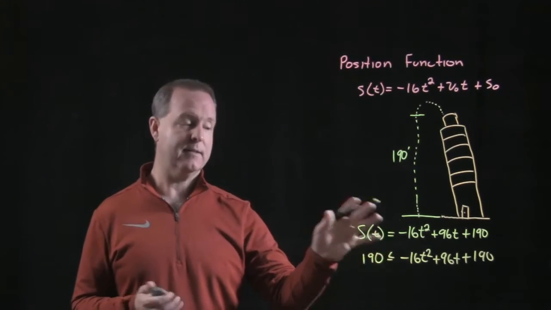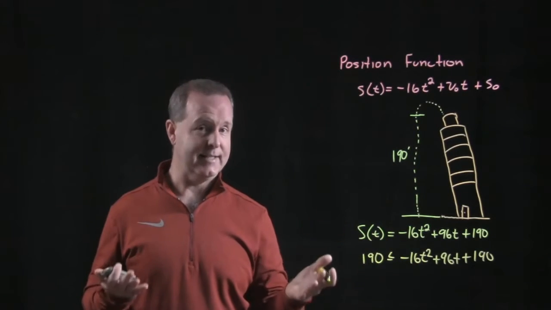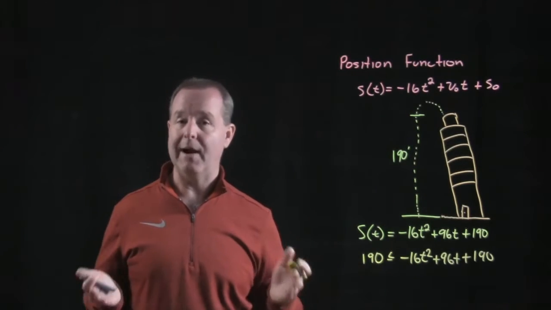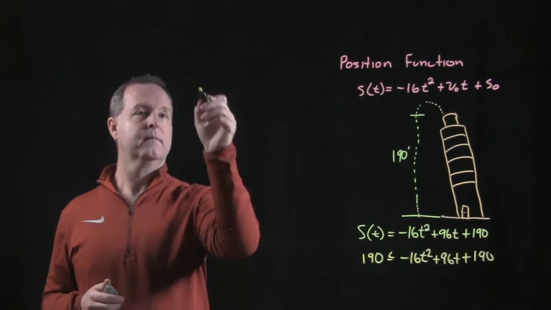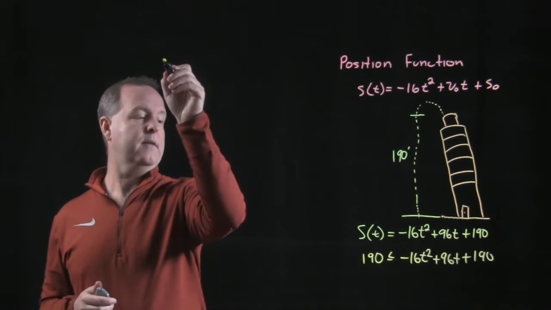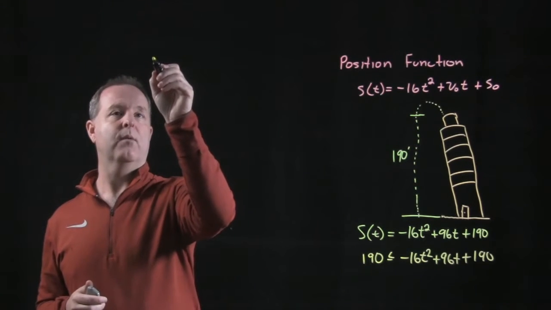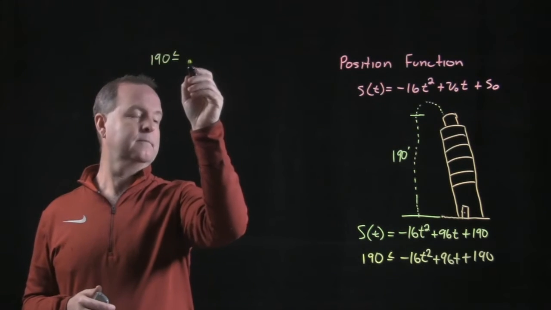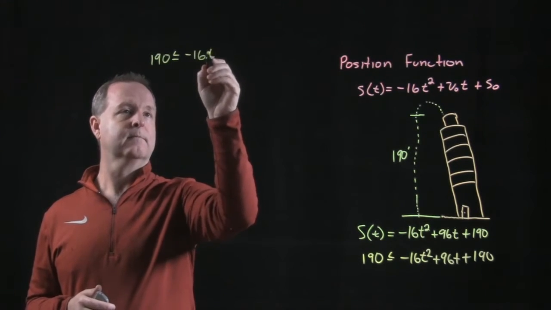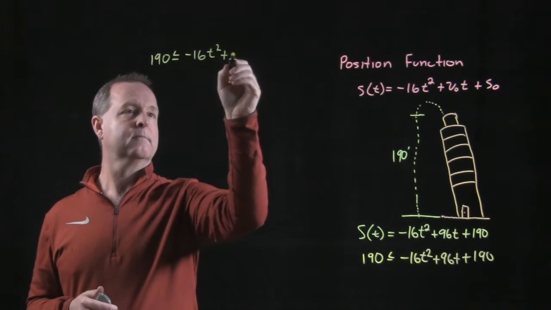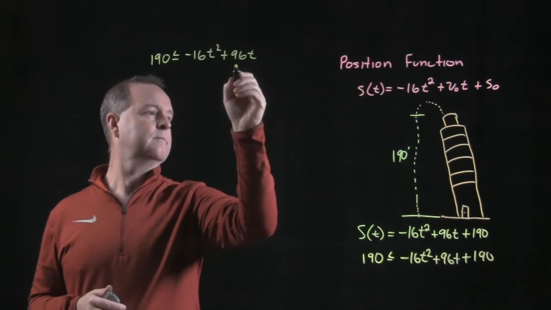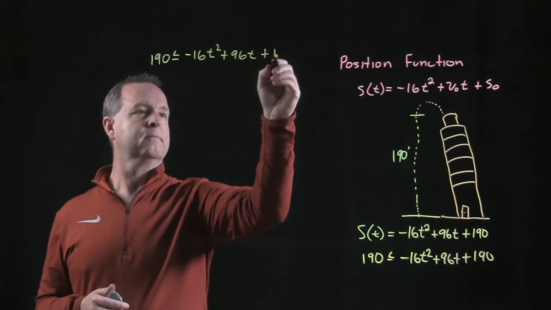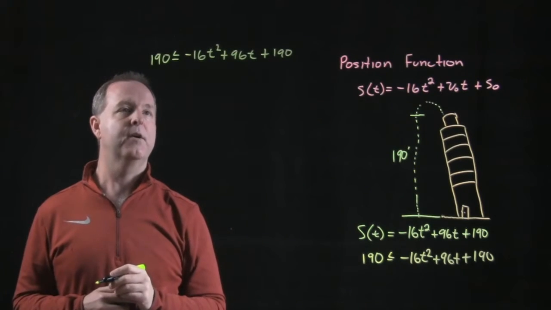So how do we solve this? Well, first of all, let's set it equal to 0 to figure out what our boundary points are. So I start off by rewriting it around 190. Subtract 190 from both sides.